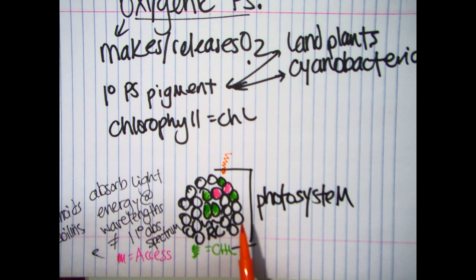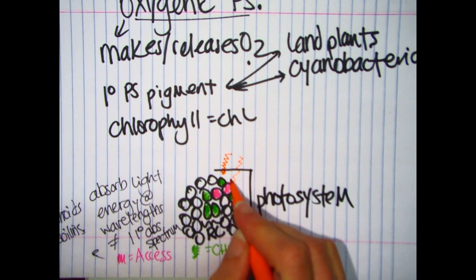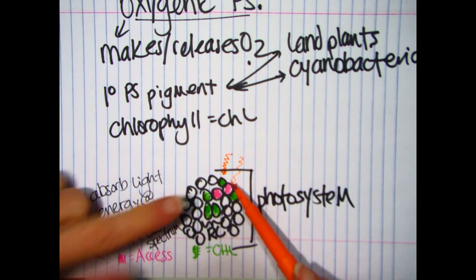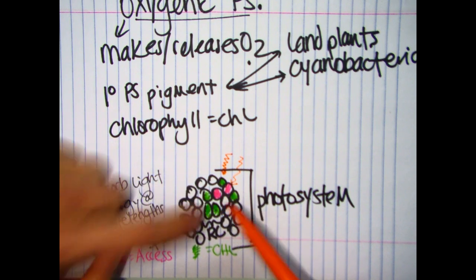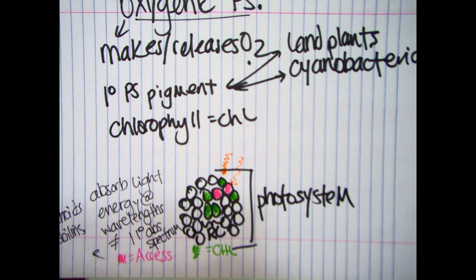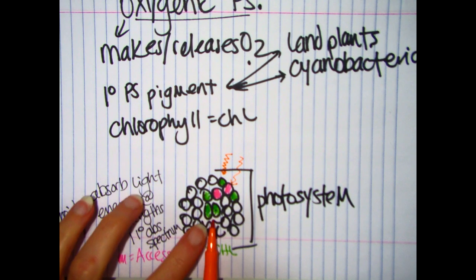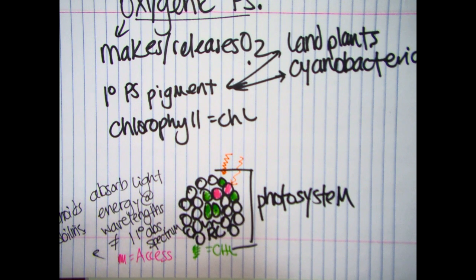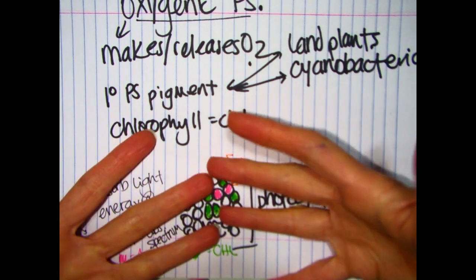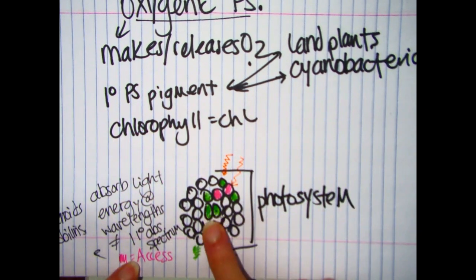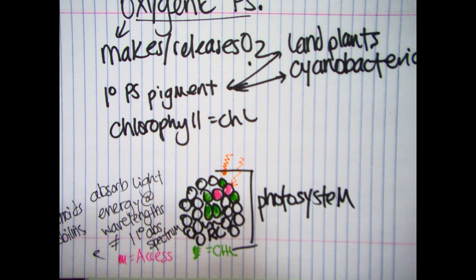The light energy will come and shine on the pigments, and then all of the light energy is eventually transferred to the reaction center pigments, either the reaction center chlorophyll here or the reaction center bacterial chlorophyll. But the photosystem is this big complex or array of different pigments that all absorb light and funnel that energy just here to the reaction center. Okay.